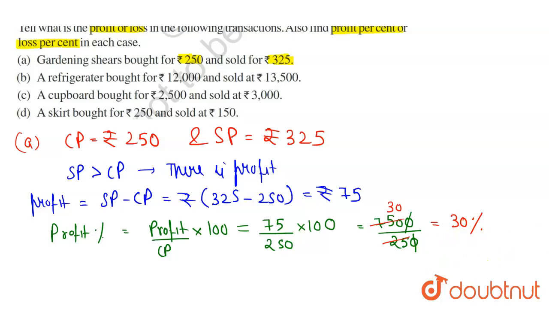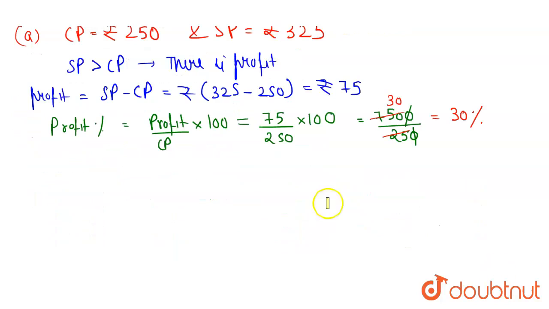Let us solve our second part. In this we have been given that a refrigerator was bought for 12,000 rupees, so this is our cost price, and sold at rupees 13,500, and this is our selling price. So this is our B part.